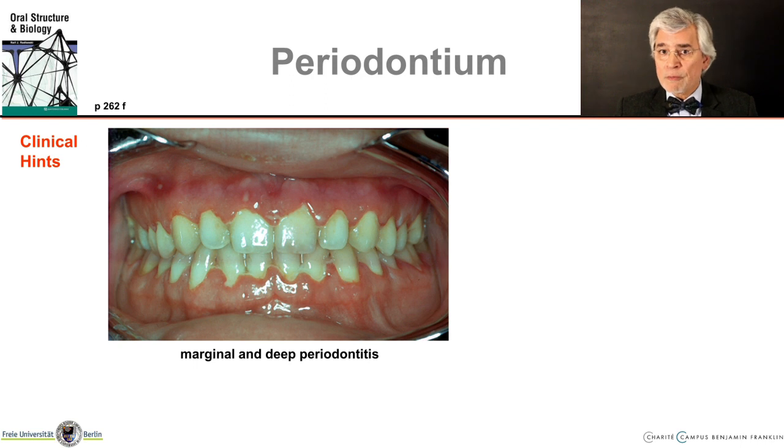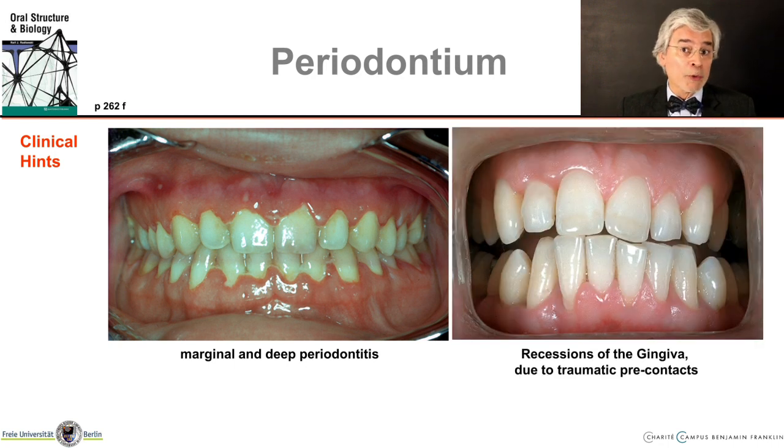Damage to the periodontium can have a variety of causes. And take a look at the picture on the left. These are florid inflammations with hyperplasia of the tissue. And you can recognize the cause immediately: terribly poor oral hygiene. But in the picture on the right, oral hygiene is super good, and yet there are recessions of the gingiva and thus also loss of tooth supporting tissue.